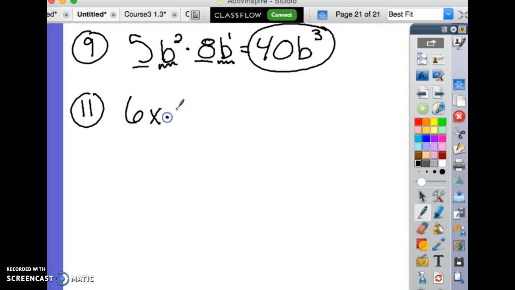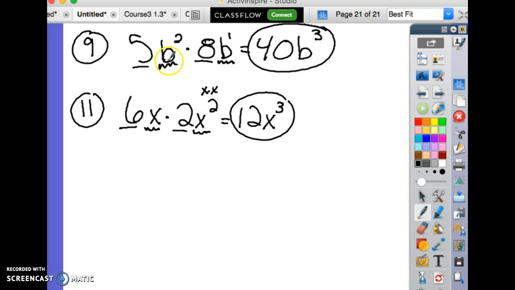6x times 2x squared. 6 times 2 is 12. Here's 1x. Here's 2x. And the reason I say 2x, because if you remember, that's what this means. X squared means x times x. So we have 1, 2, 3, which is just like this one. Here 2 plus this 1 give us those 3.